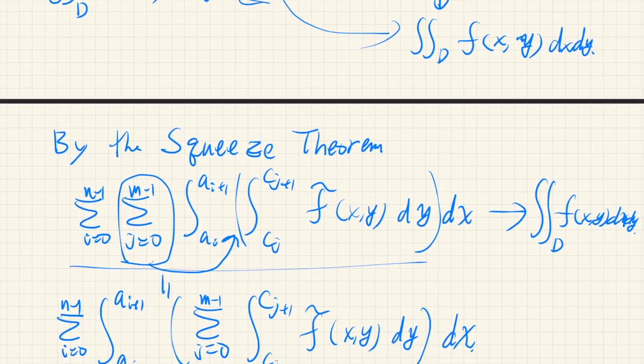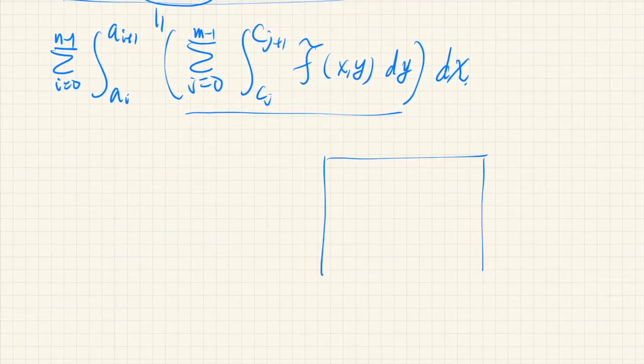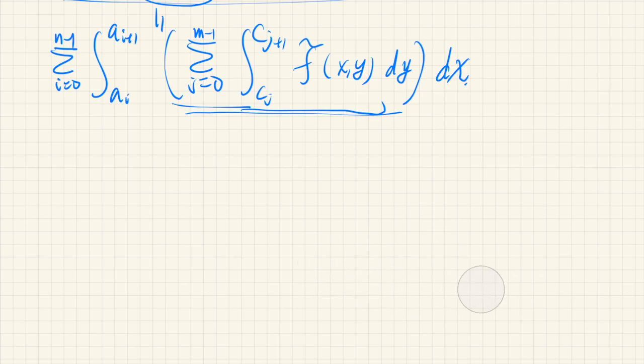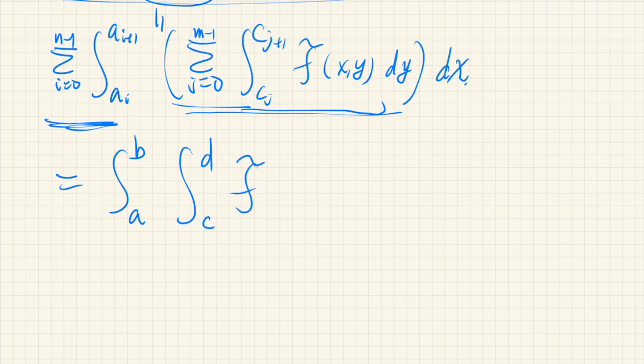This one is integration from here to here, here to here, and so on. So we are just adding them. After all, what we have is the integration from c to d, and same for this x direction. So this is equal to the integral from a to b and the integral from c to d of f tilde of x and y dy dx.